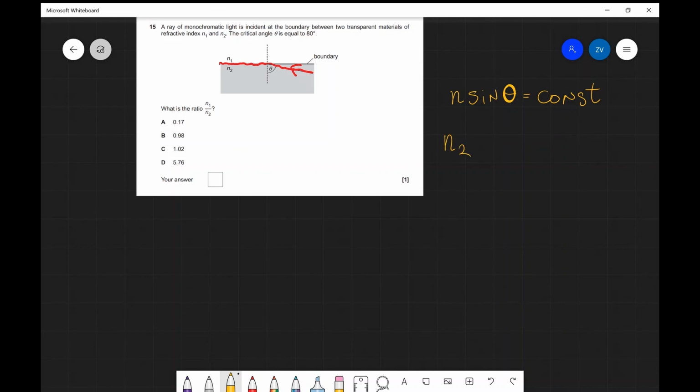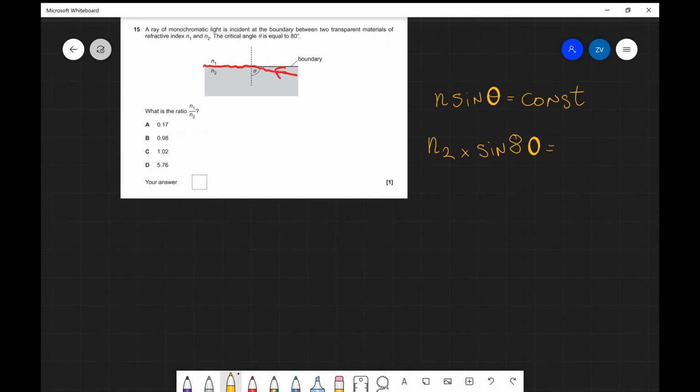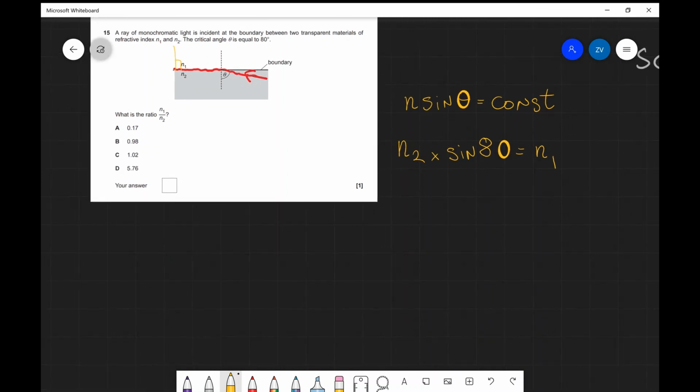Okay, so we start off with n2. So n2 times sine of the critical angle, which is equal to 80 degrees, is going to equal our second medium, which is n1, times sine of 90. And notice that as the ray is trapped along here, our angle to the normal is actually 90 degrees. So anytime we have total internal reflection in which the ray is trapped at the boundary, our angle of refraction is actually equal to sine of 90, which is just equal to 1.